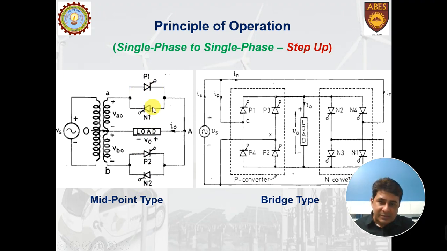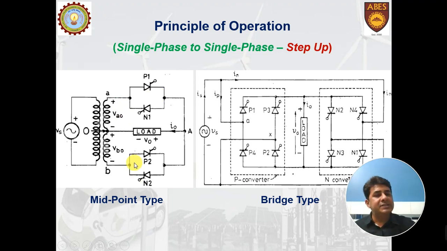One set is connected here as P1N1, another set is connected here as P2N2. In this midpoint type construction, we use a transformer which is center tapped at the secondary side. Because we need to play with both the halves, the positive half as well as the negative half, and because we need to change the frequency, that is why we are using two sets.